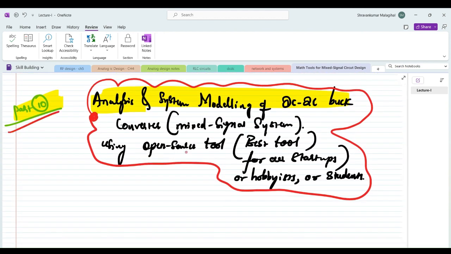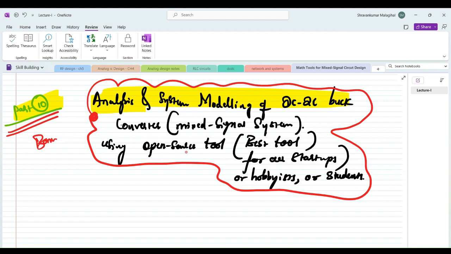And part 10, the last and the best thing here, is kind of a bonus. We will study in detail the analysis and system modeling of a DC-DC buck converter. It's a kind of mixed signal system, and this will be done using an open source tool. I'll be introducing one of the best tools for all.